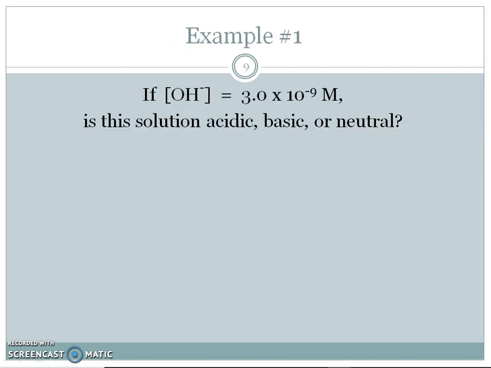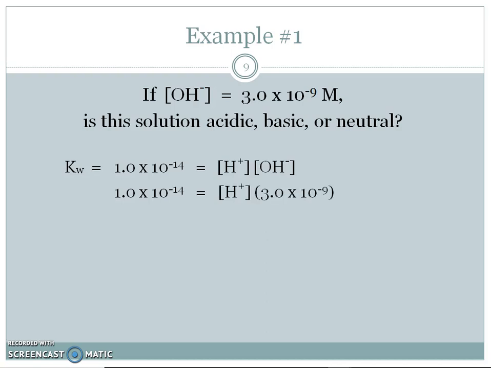So let's look at this example. If OH- is 3 times 10 to the negative 9 molarity, I want to know, is this solution acidic, basic, or neutral? So we're going to use our Kw expression, which equals 1 times 10 to the negative 14, equals the concentration of both of them multiplied.